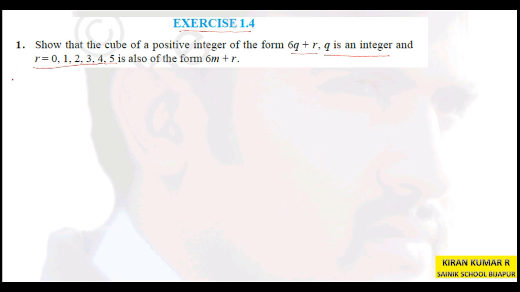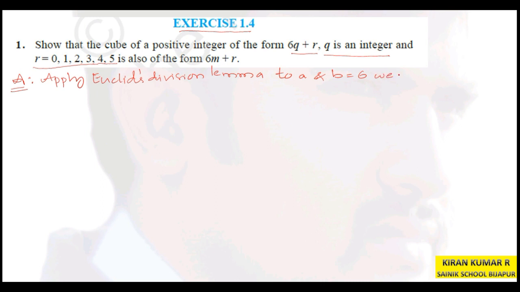Like in the previous videos we have seen, we will solve this question by using Euclid's division lemma. Let's apply Euclid's division lemma to a and b equal to 6.